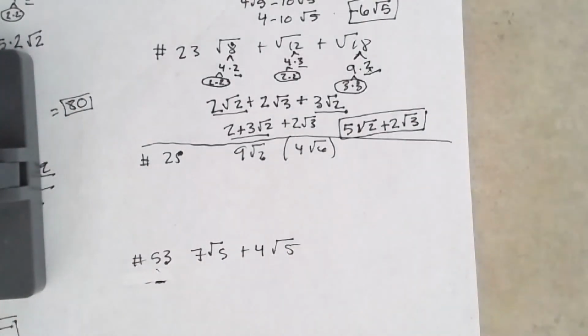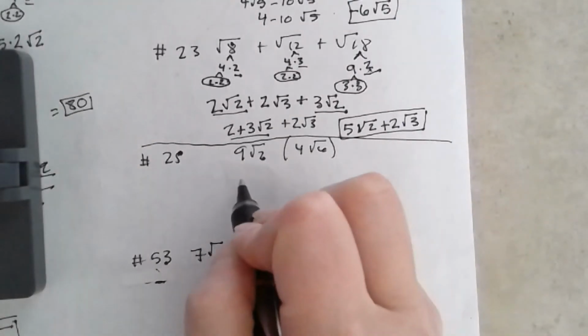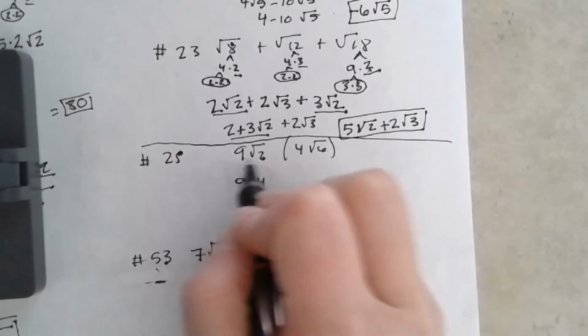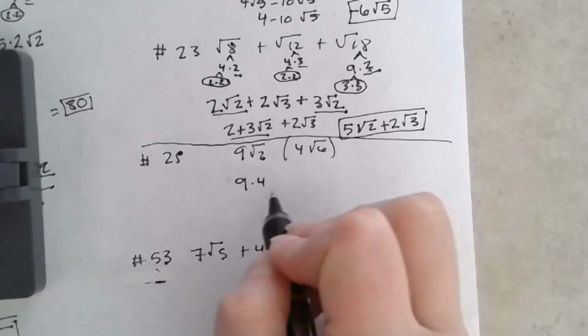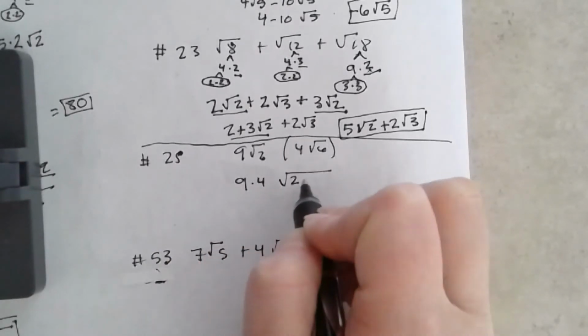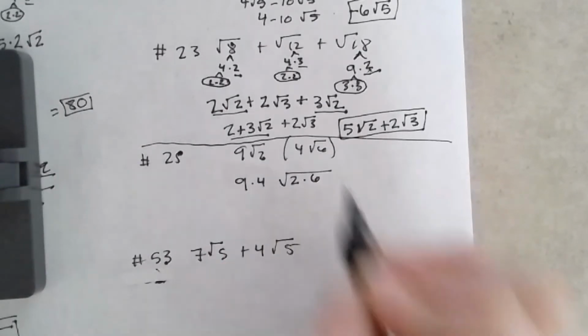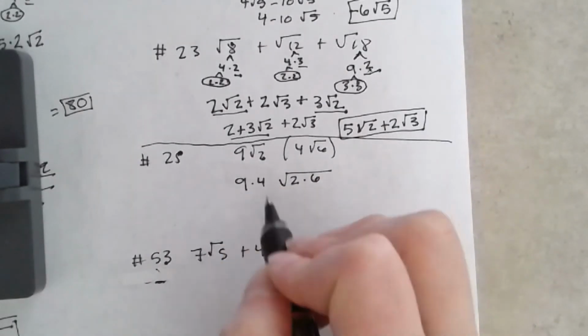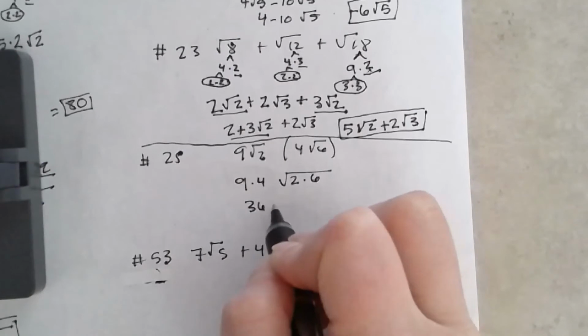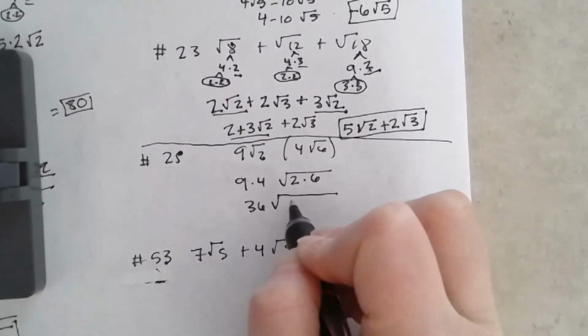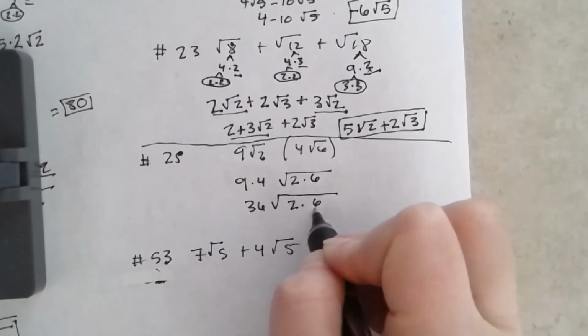Okay? I have 9 square root 2 times 4 square root 6. So I have 9 times 4, so the outsides get multiplied, and then I have 2 times 6, the insides get multiplied. So 9 times 4 is 36. And then instead of multiplying these together, 2 times 6, I'm going to break this down.